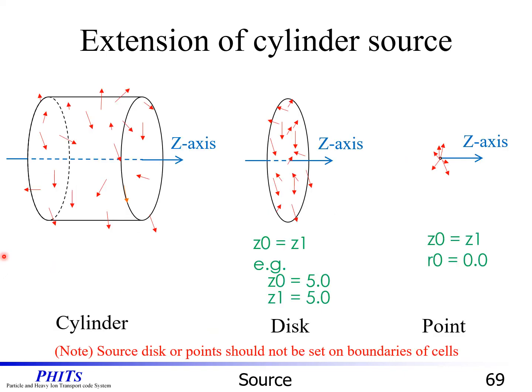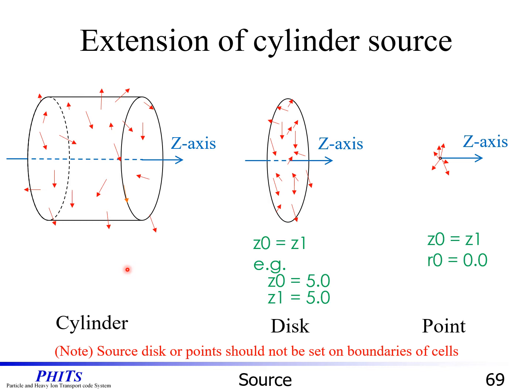When setting s-type equals 1, we can define not only cylinder shape source but also circle and point shape sources. In this slide, red arrows mean directions of source particles. When we set isotropic source, the directions are randomly determined like this. The center and right figures are examples of extension of the cylinder shape.